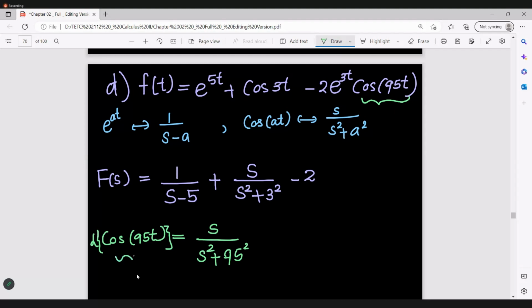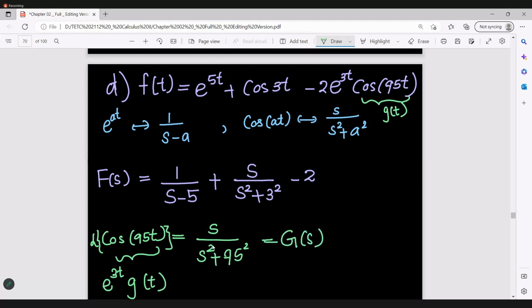If we consider this cos 95t as g of t, then in our problem g of t is multiplied by e to the power 3t. And let's see, the Laplace transform of this g of t is equal to capital G of s, and it is that one.